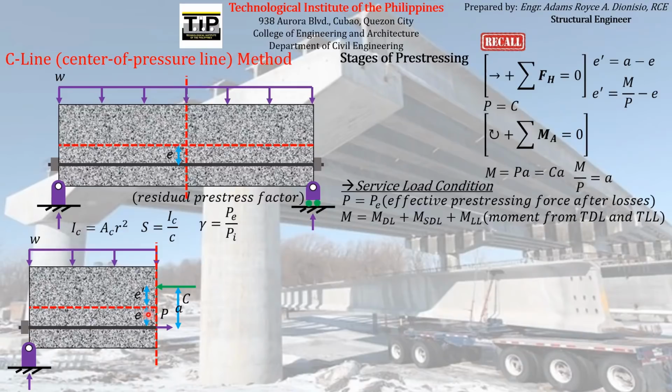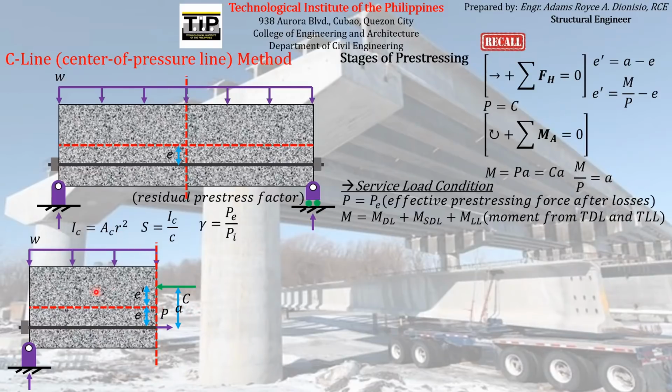Therefore, its sign must be negative. And then it will slowly move upward up to the location of the centroid, wherein the value of E prime is equal to 0.